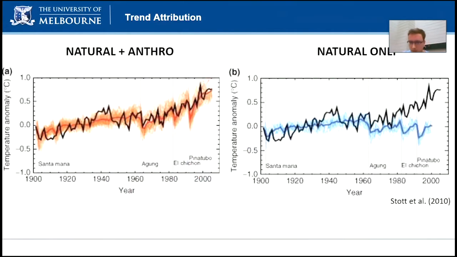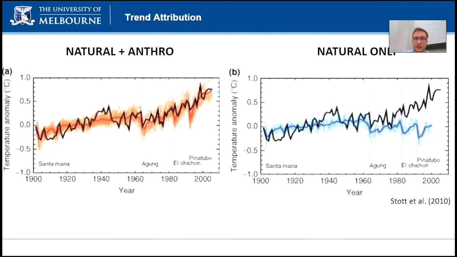It didn't come out particularly well, but it shows results from a recent paper by Peter Stott. On the left, we've got the global average temperature anomaly as the black line, and the various orange lines are climate model simulations with natural and anthropogenic forcings.